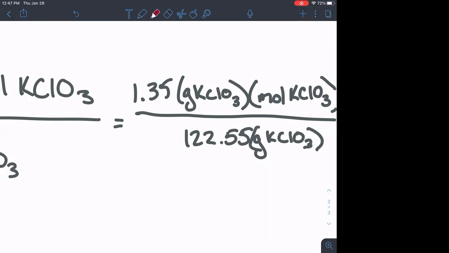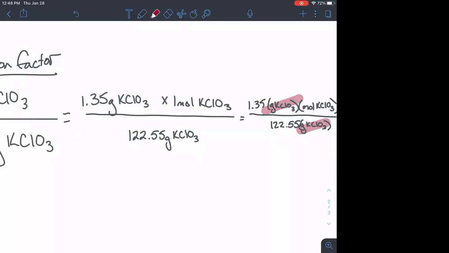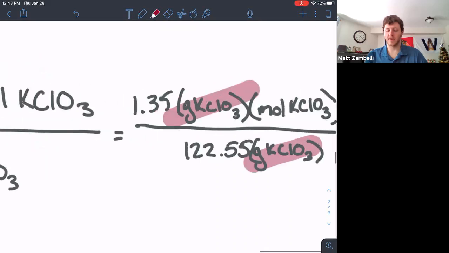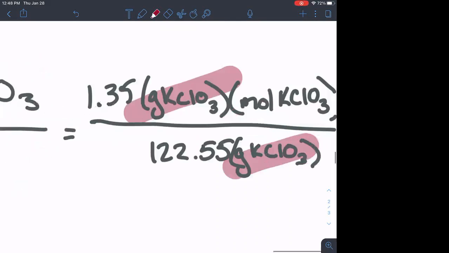They cancel out, which means the only units we have left are what? What units are left over here? Moles of KClO3. Perfect.